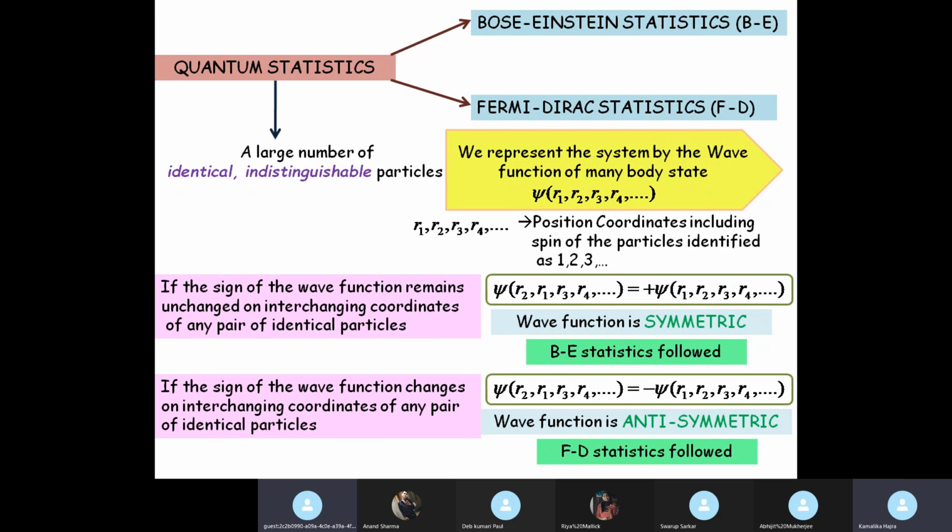So as you can see, quantum mechanics can be of two types, Bose-Einstein and Fermi-Dirac. If the system under consideration has a symmetric wave function, then we have to follow Bose-Einstein statistics. If the system has an antisymmetric wave function, then Fermi-Dirac statistics has to be followed.